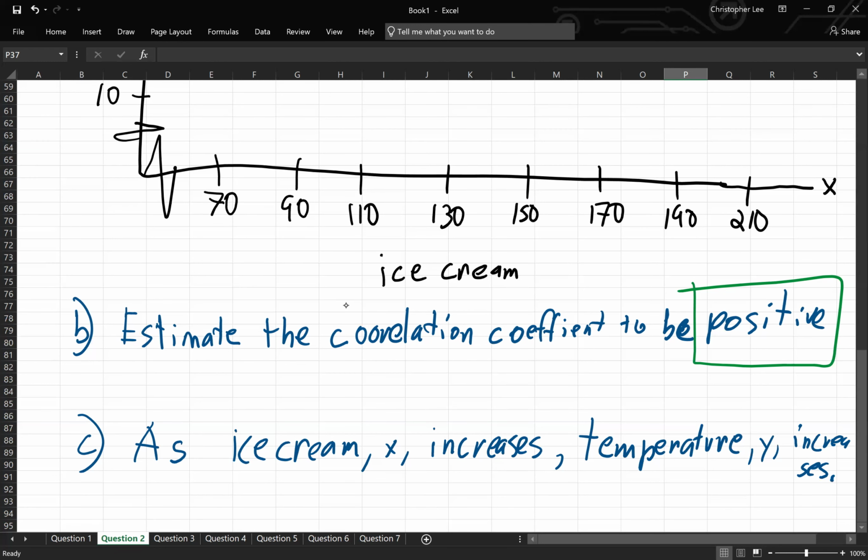Right? So as our X is increasing, our Y is increasing. Had this been negative, as our X is increasing, Y is decreasing.